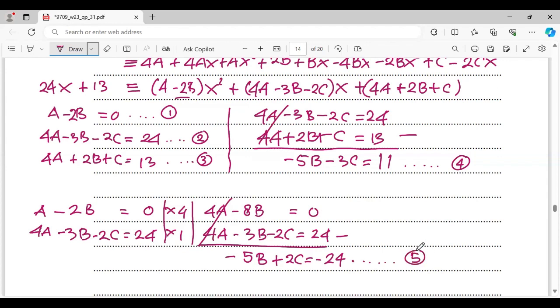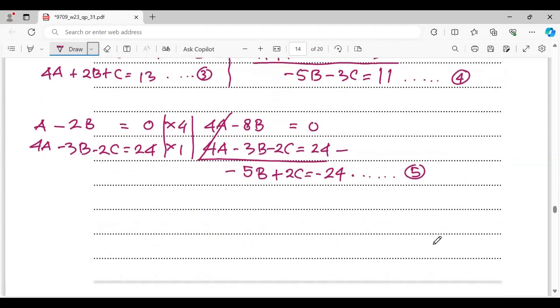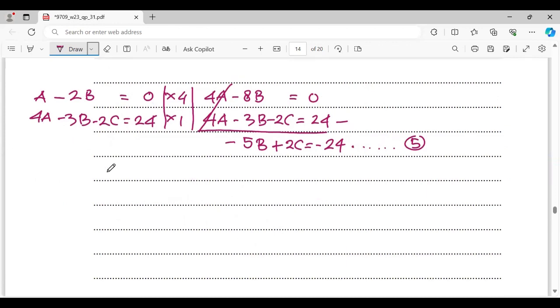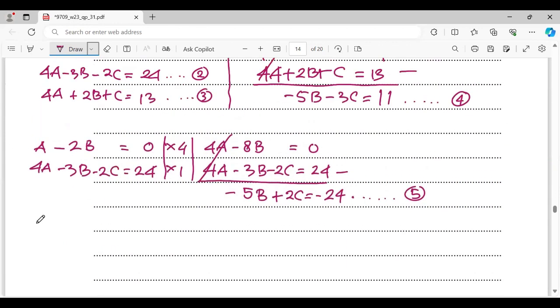The fifth equation. Through 4 and the fifth equation, minus 5b minus 3c equals 11, minus 5b plus 2c equals minus 24.